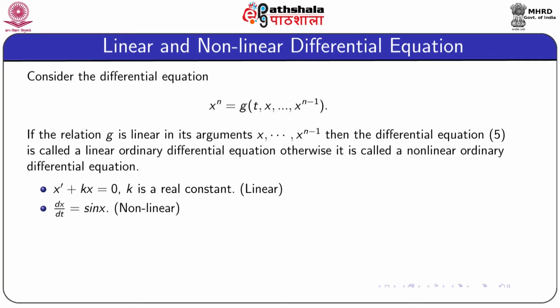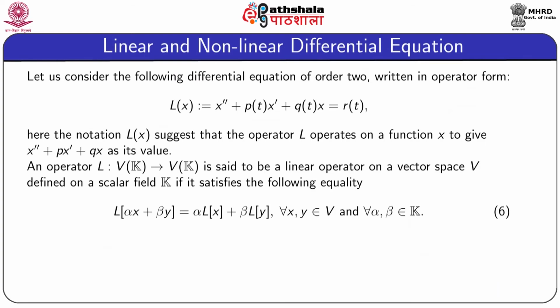Let us consider the following differential equation of order 2 written in operator form, Lx, which is equivalent to x'' + p(t)x' + q(t)x = r(t). Here the notation Lx suggests that the operator L operates on a function x to give x'' + px' + qx as its value.